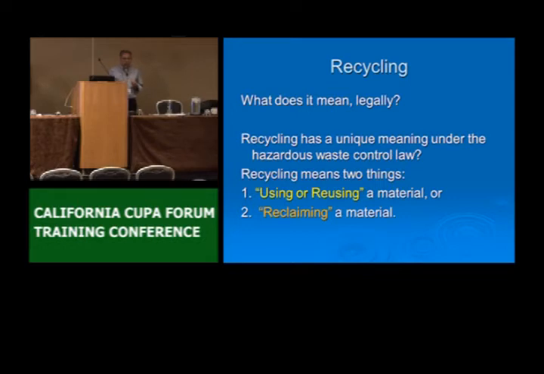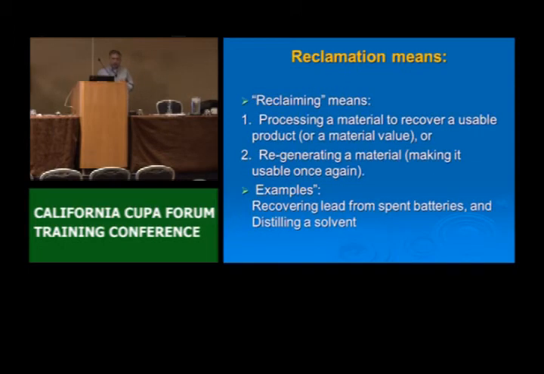So let's look at it legally. What does recycling mean legally in the hazardous waste control law or in the regulations? Recycling means two things under the regulations: using or reusing a material and reclaiming a material, okay? Now, the thing is, those words are further defined, okay? So reclamation means processing a material to recover a usable product or recover a material value, right?